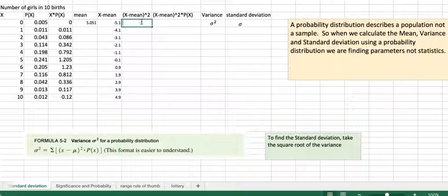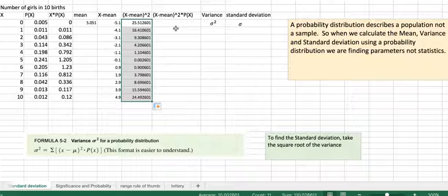Now I want to square those differences. So I'm going to grab the first one. I'm going to put an up caret and a 2 to raise it to the second power, so each of these squared differences will be positive. And then I want to take each of the squared differences and I'm going to multiply again by the probability.